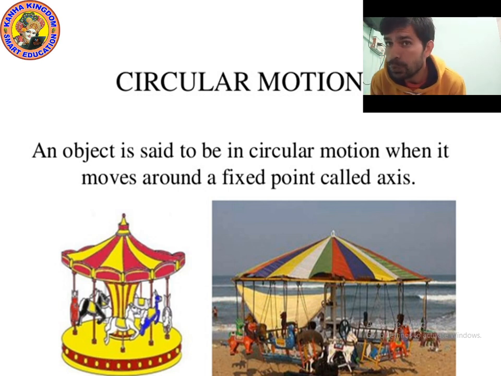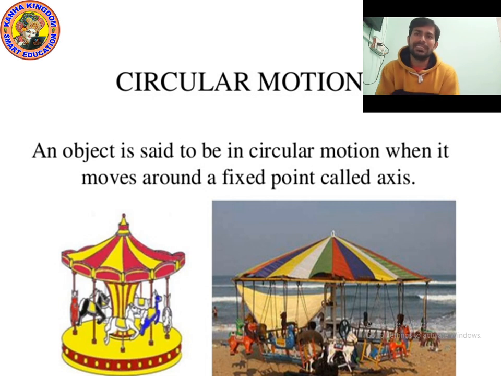As you can see in the picture, there is a merry-go-round, which moves around a fixed point. You might have seen many kinds of animals and cars hanging around a fixed axis.